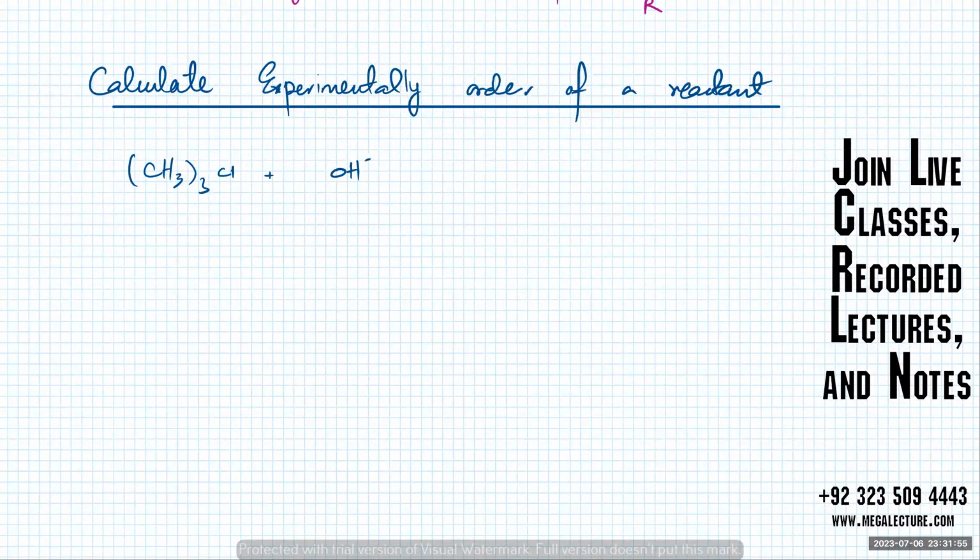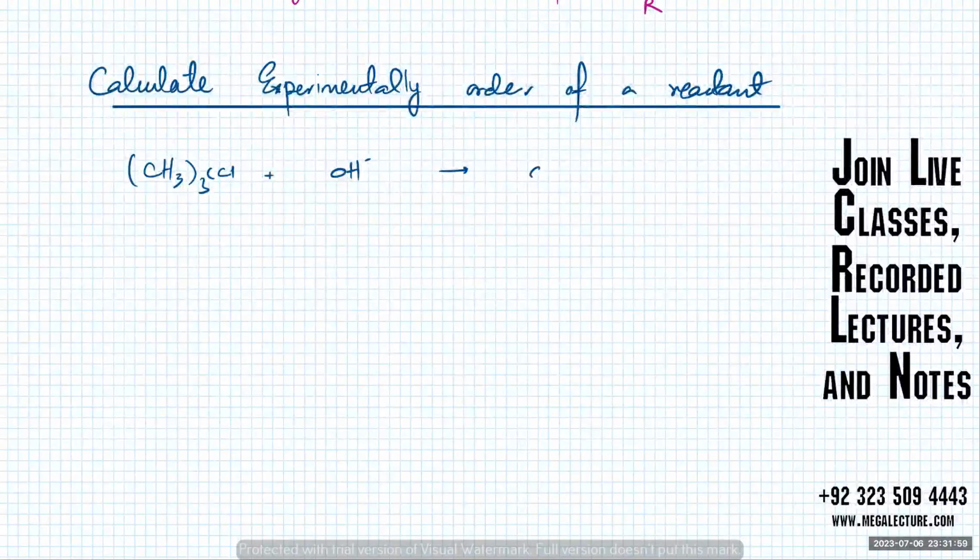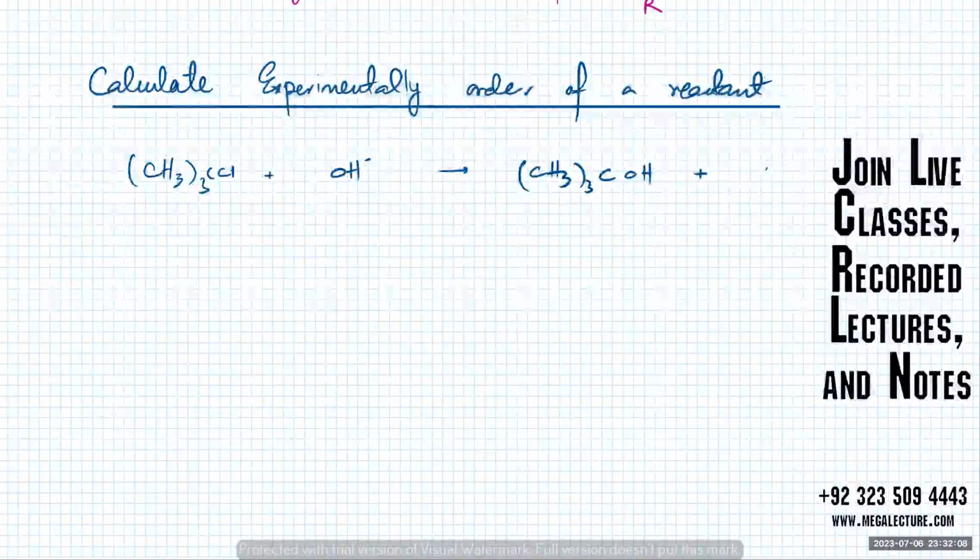So OH ions are added, and your Cl minus ions get knocked out, right?